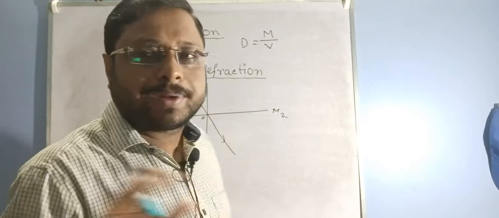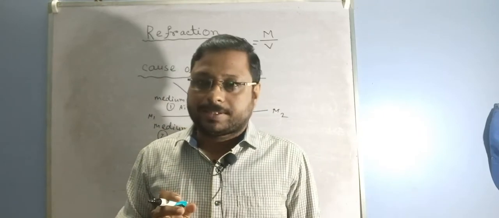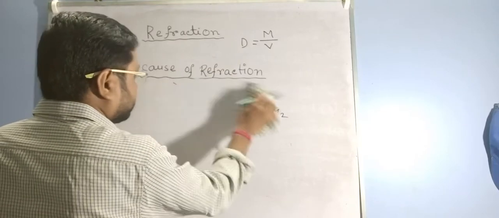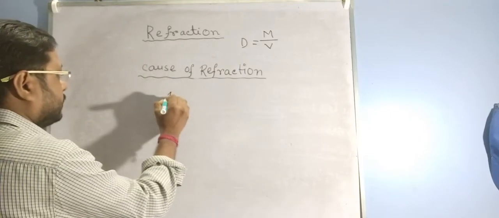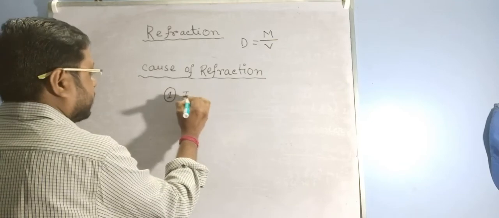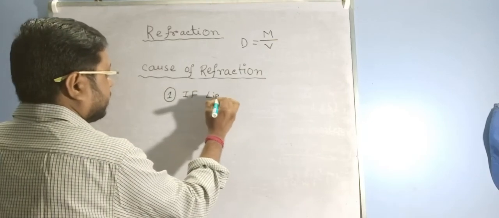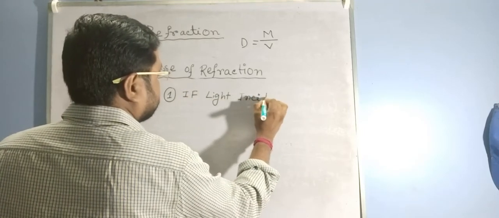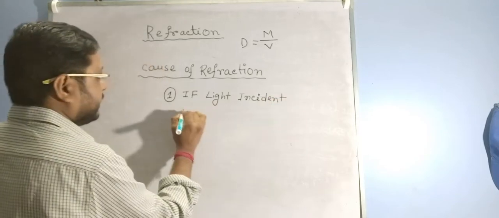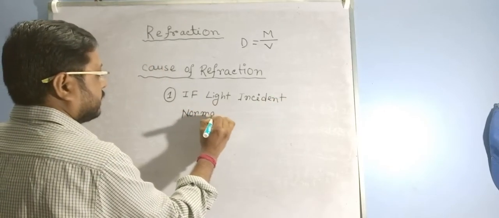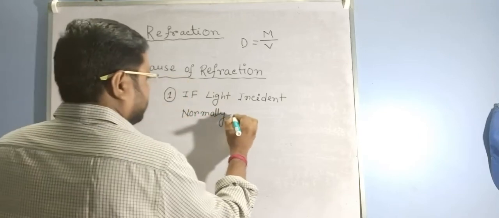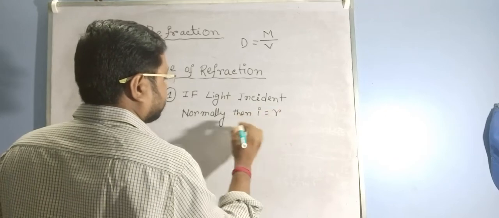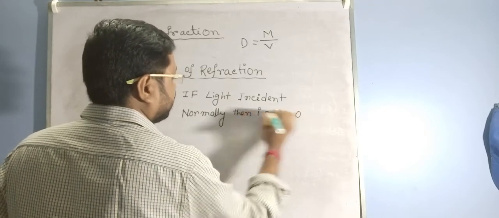Now, when will no refraction take place? If light is incident normally, then i equals r, that is, the angle of incidence and angle of refraction are equal to 0.